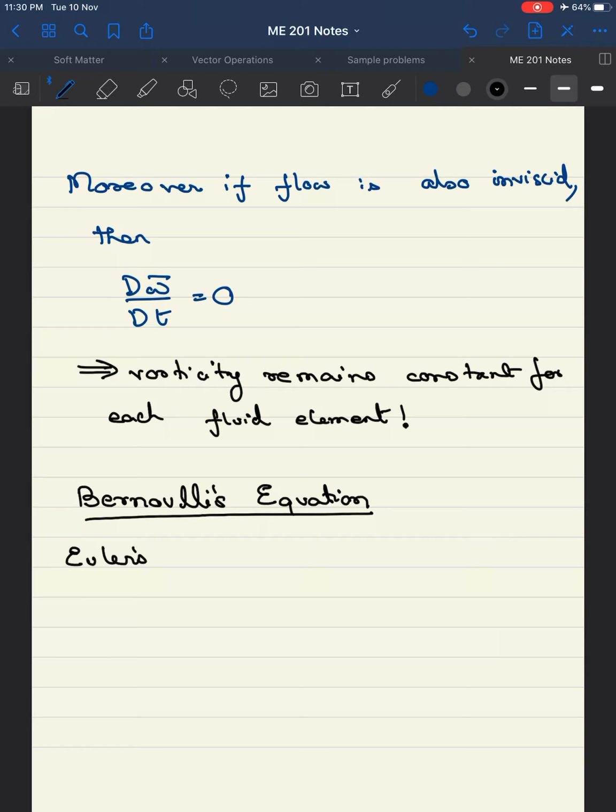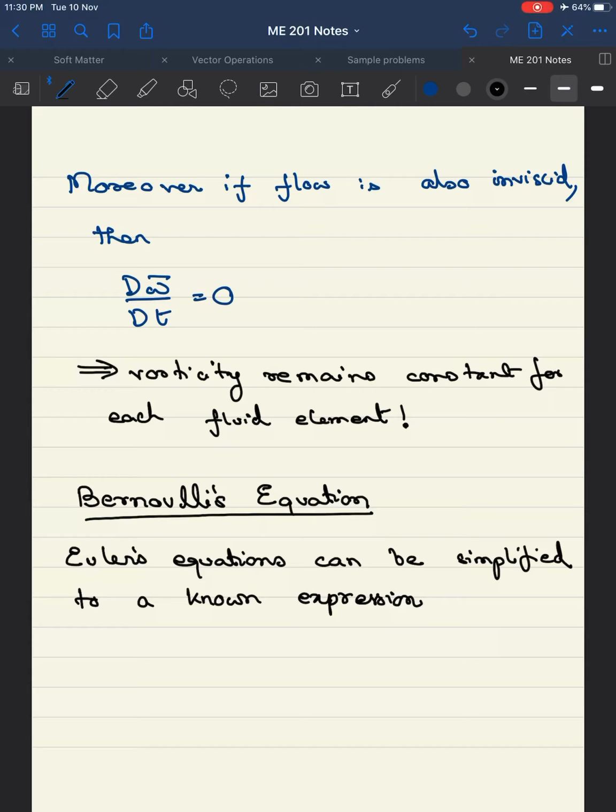So the Euler's equations, which describe the momentum transfer equations for an inviscid flow, can be simplified to a known expression called Bernoulli's equation, under certain conditions.